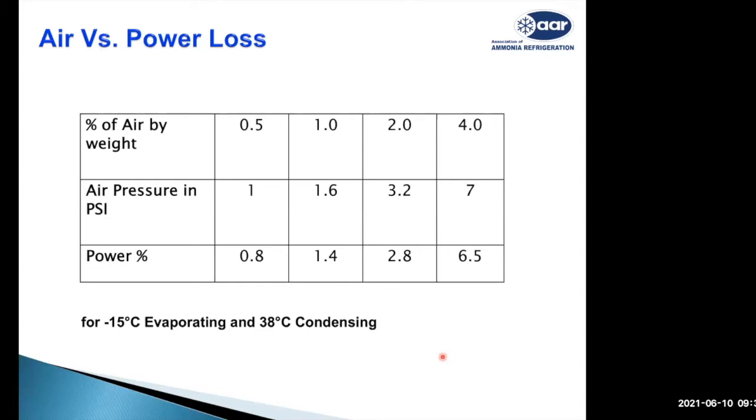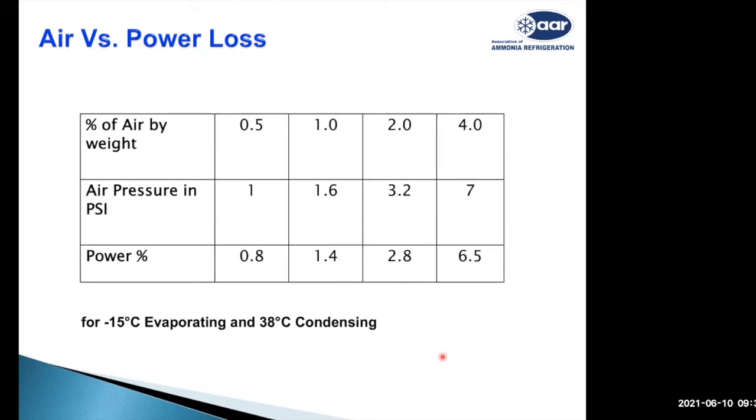This is one of the main ways in which air keeps on coming into the plant. So there is a possibility of air entering into the system through wall glands or any other leakages, particularly on the low side.